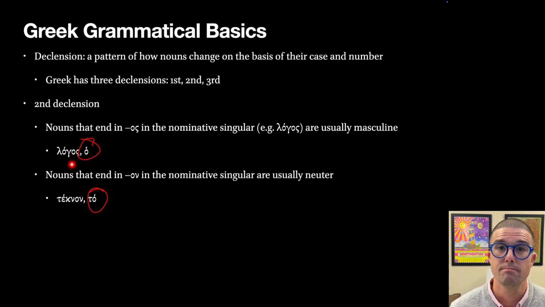You can also surmise that based on the omicron sigma ending or the omicron nu ending, because most nouns that end in omicron sigma in the nominative singular are going to be masculine. This ho simply confirms that. And most nouns that end in omicron nu in the nominative singular are normally going to be neuter, and this to confirms that.